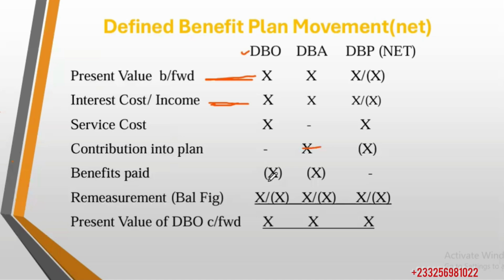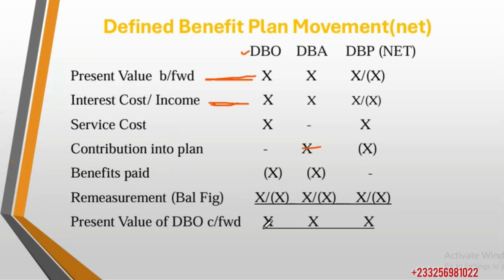So when you pay, we take money from the asset, and that reduces the asset. And then the obligation too, because we are paying their retirement benefits, okay, the liability reduces, the obligation associated with the fund reduces. So benefit paid reduces both the liability and the asset. That's why it has no net impact.